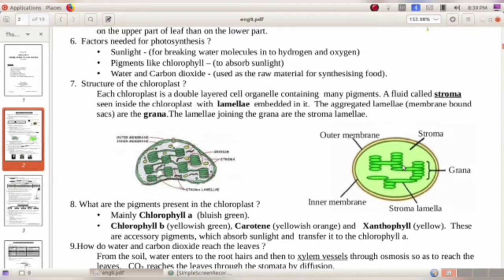The stroma contains lamella, and the aggregated lamella, that is membrane bound sacs. These are the membrane bound sacs inside the chloroplast. This is called grana, and the lamella that join the grana are the stroma lamella.